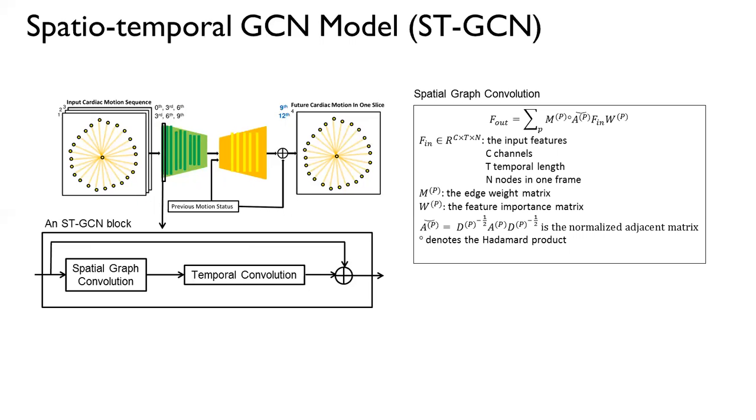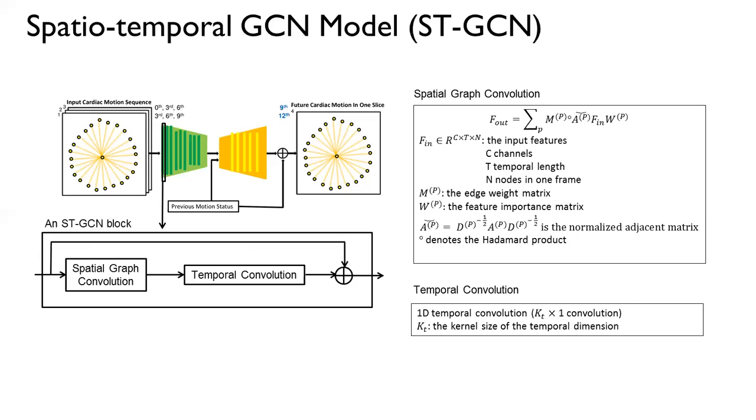The important element of STGCM is the spatial graph convolution operation, which provides a weighted average of neighboring features for each node. A 1D temporal convolution is used along the time axis, which extracts the temporal feature of each node independently.